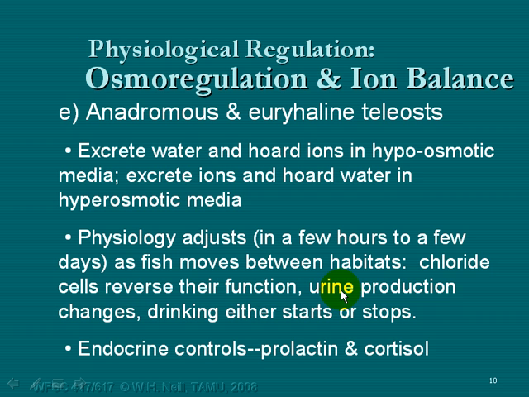And what they do is they operate in the appropriate mode. When they're in fresh water, they excrete water like a freshwater fish through their kidneys, and they hoard ions. And when they're in the ocean, they do the opposite. They excrete ions and hoard water.